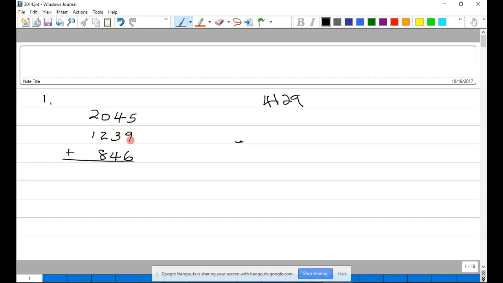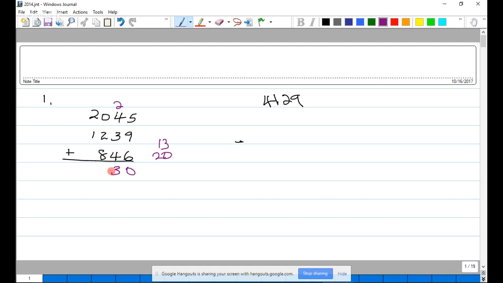6 and 9 would be what? The 9 would be in the ones. No. Add them together. 6 and 9 would be? Sir, I didn't do it that way. 6 and 9? Tell me what 6 and 9 is. 15. 15 and 5 would give me what? 20. Okay, so we're going to put 0 and carry 2. 2 and 4 would be 6. 6 and 3 would be 9. 9 and 4 would be 13.